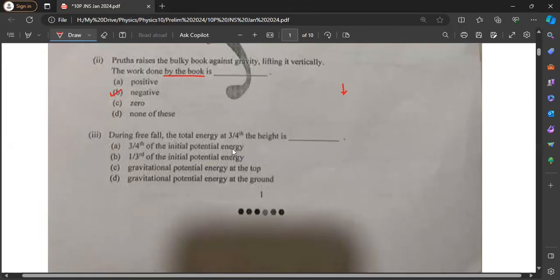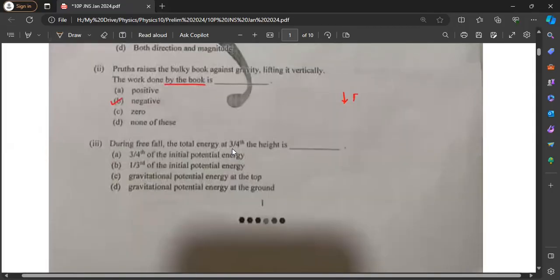Then during free fall, the total energy is 3/4 the height is how much? Okay, so they are asking for the total energy. So what will be the answer over here? This is the gravitational energy at the top. So this is ground and this is the topmost position at H. So U is equal to mgh, and in this case kinetic energy is 0.